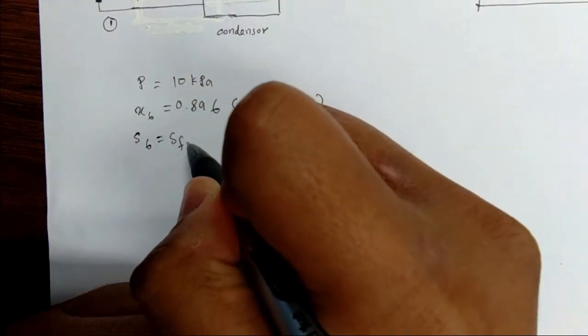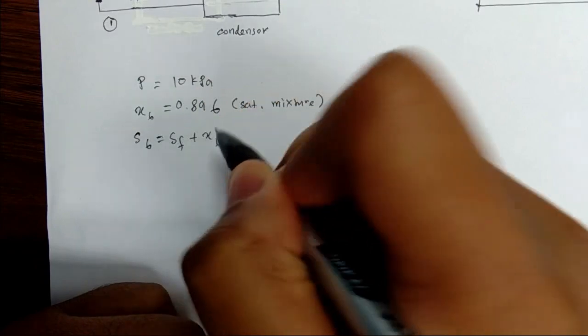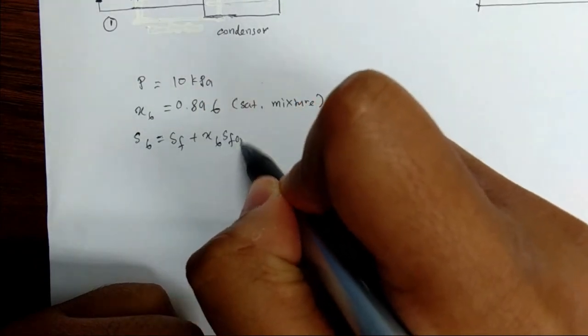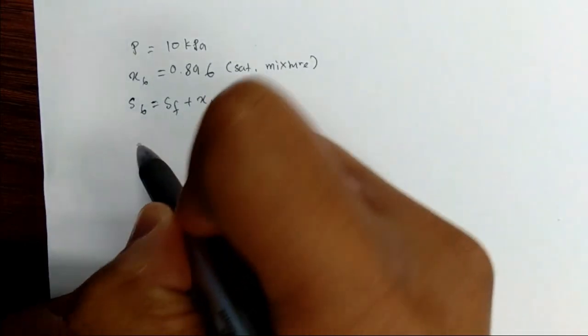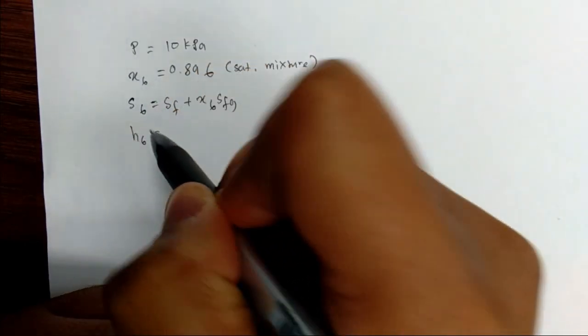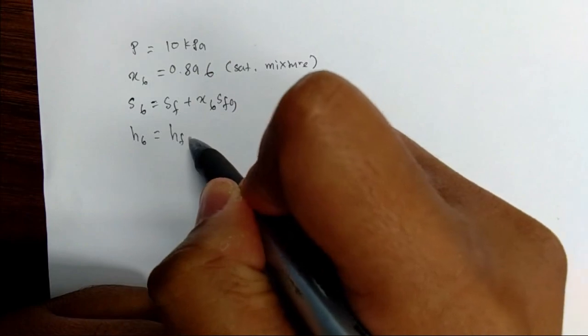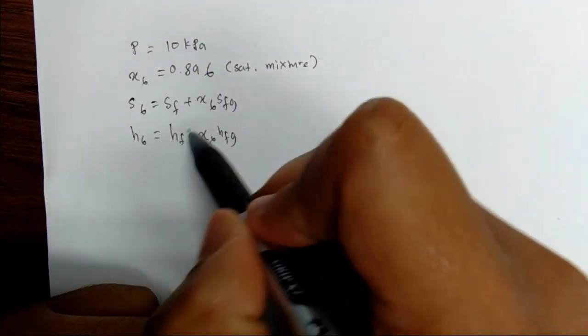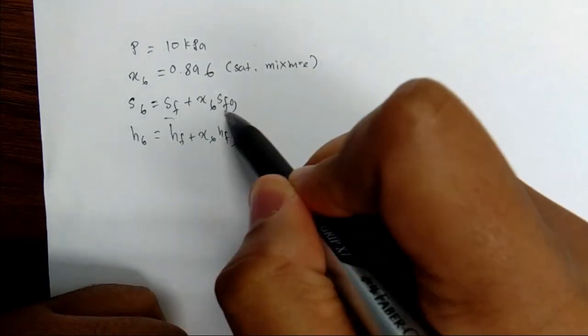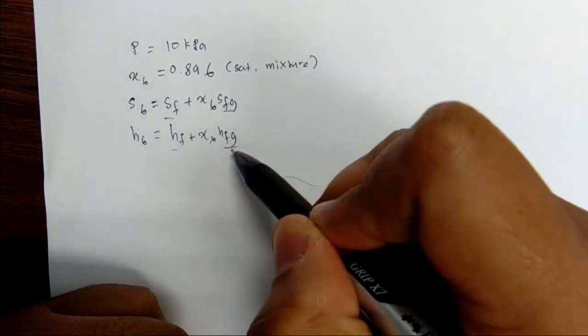S6 is equal to SF plus X6 SFG, and then we can also find H6 is equal to HF plus X6 HFG. So where to find SF, SFG, HF and HFG?